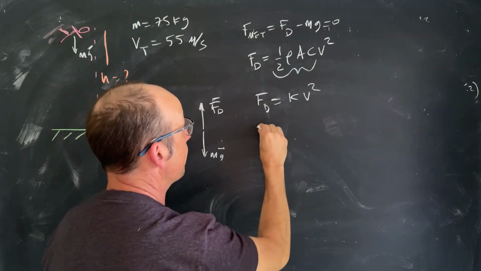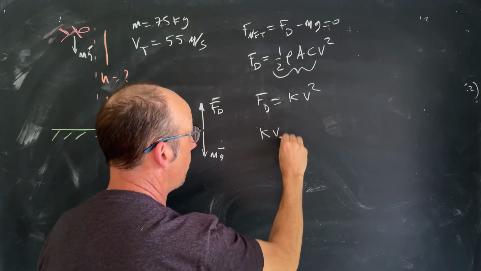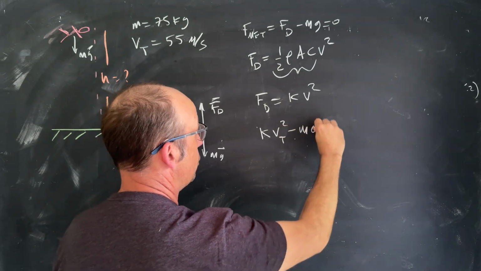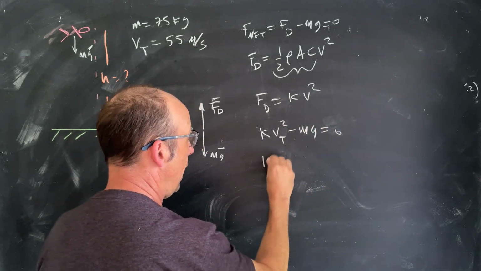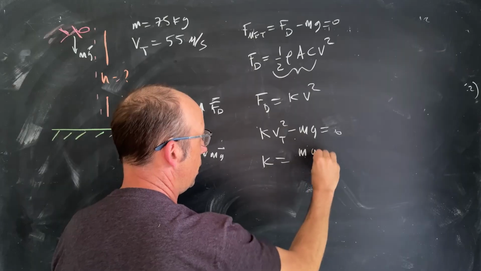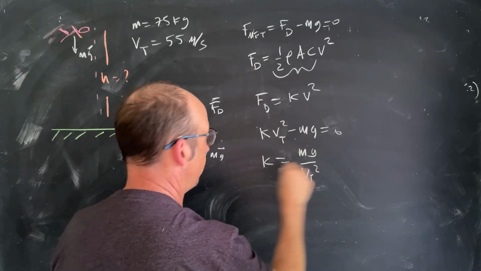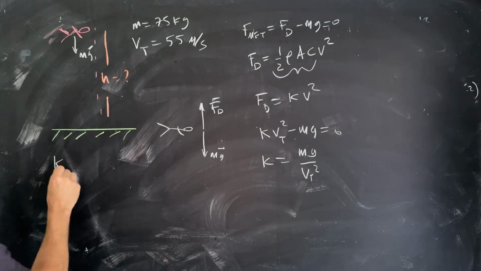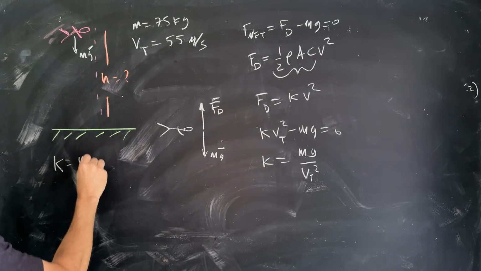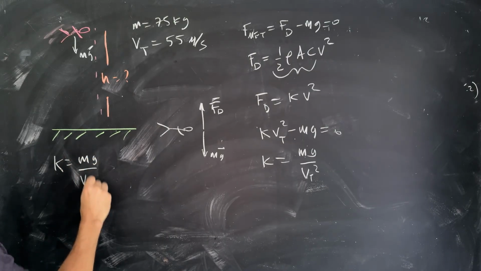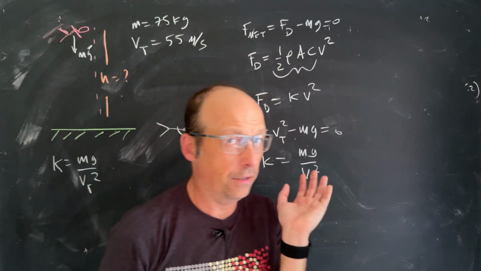Up here, I can say k v terminal squared minus mg is equal to 0. So k is going to be equal to mg over the terminal velocity squared. Let's put k equal to mg over v_t squared, and we don't even need to know what that is right now. Okay.